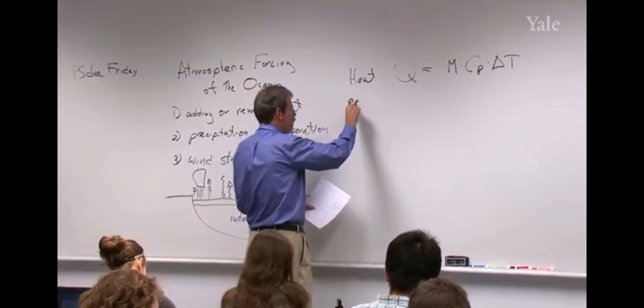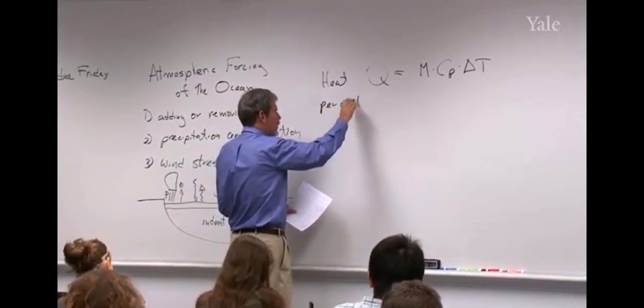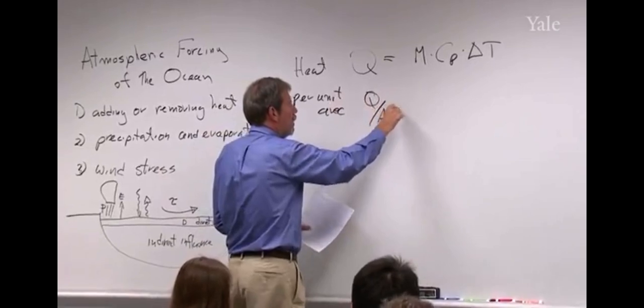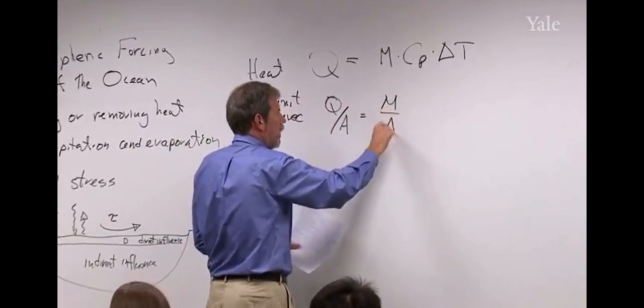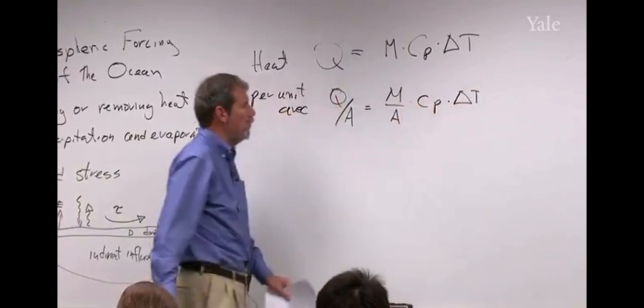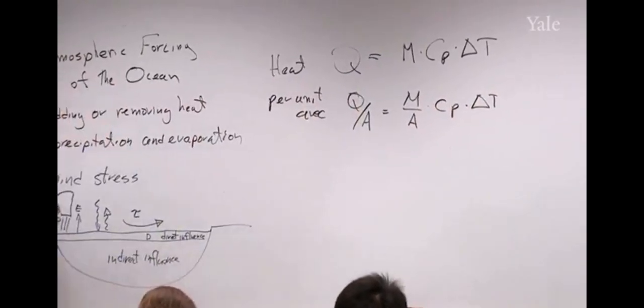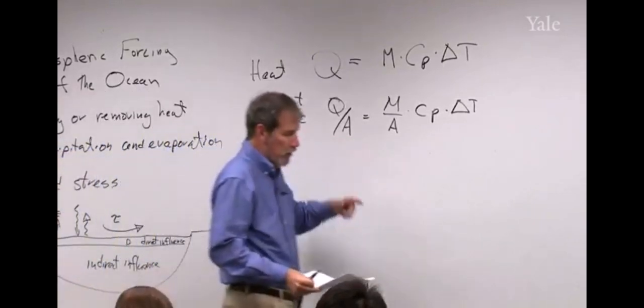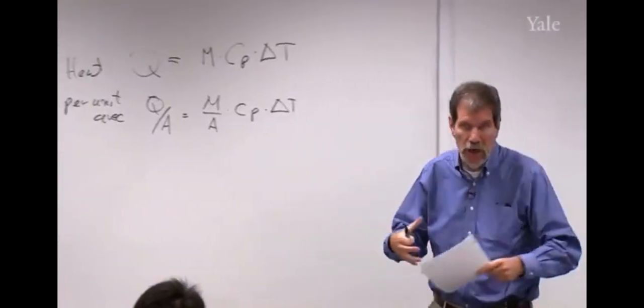If I write that on a per unit area basis, I'll divide the Q by A and the mass by A, and I'll leave everything else the same. I've just divided both sides through by the area that I'm considering, which in oceanography, we don't usually even consider that area. We just do these calculations on a per unit area basis.